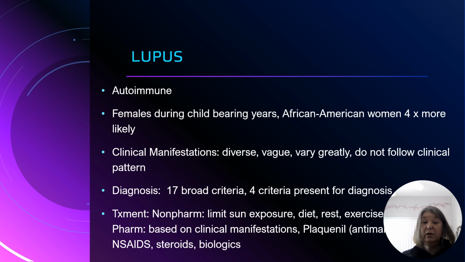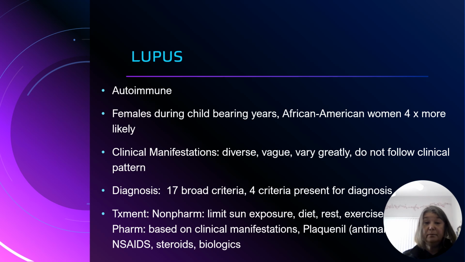And with lupus, you get flares, and your flares can actually differ. So just because you had excruciating muscle pain during one flare, that may not be present in your next flare. Clinical course of lupus usually involves periods of remission and then acute disease flares.